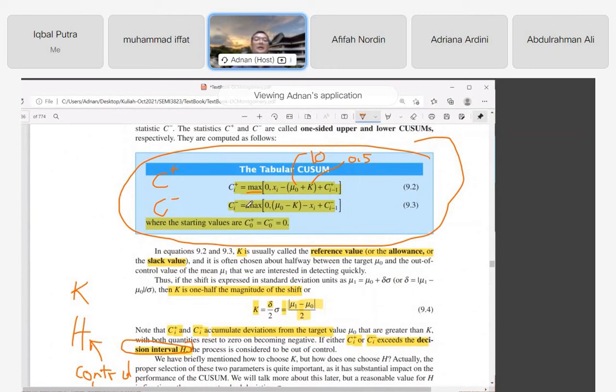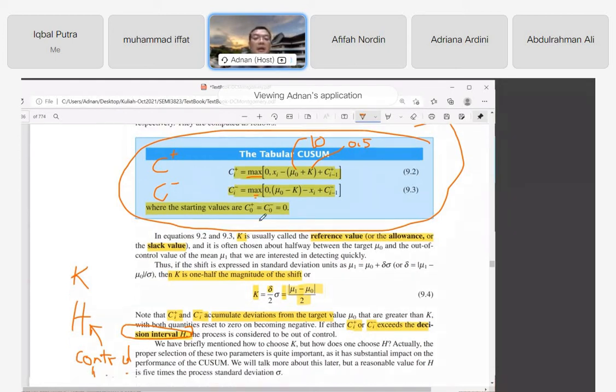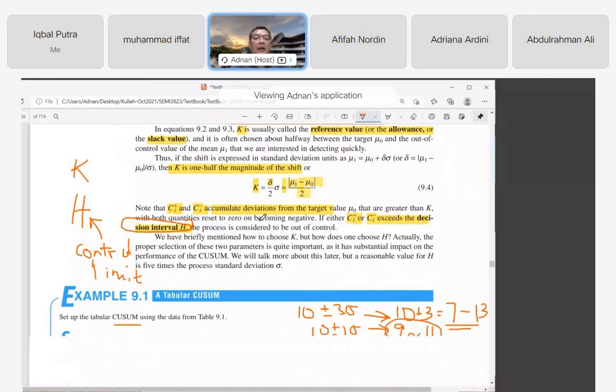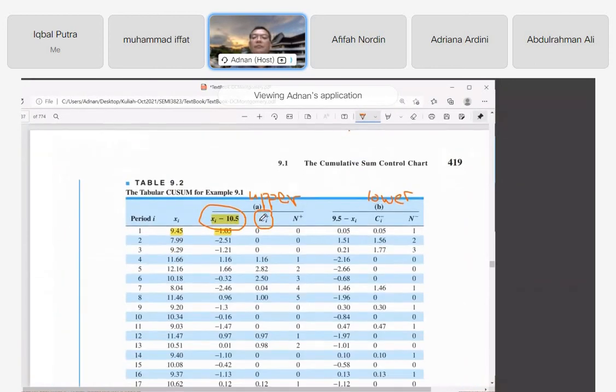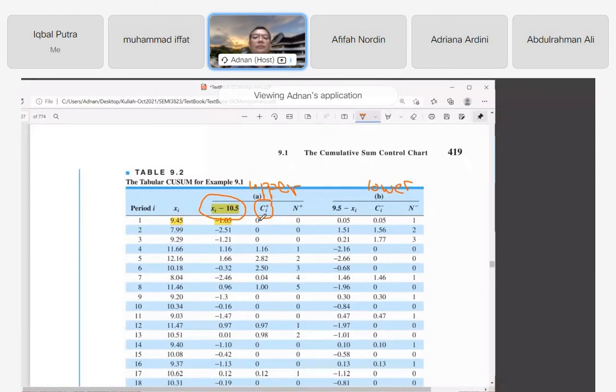The maximum value between 0 or another value. If it is negative, it becomes 0 here, because we are taking the maximum value. Is it maximum? Let me check. I think we are taking the, like this one.